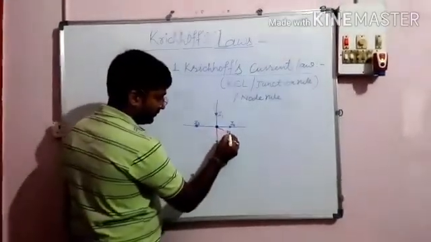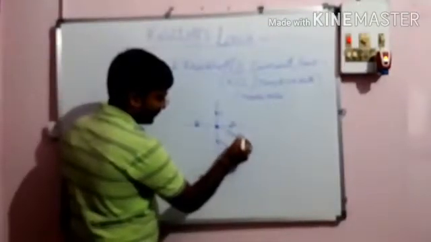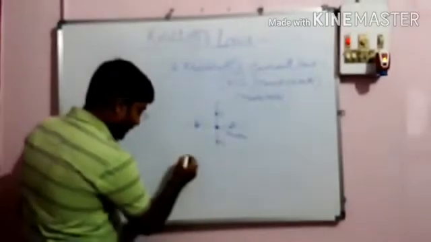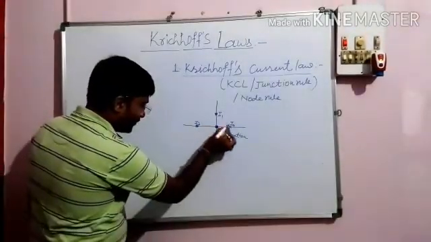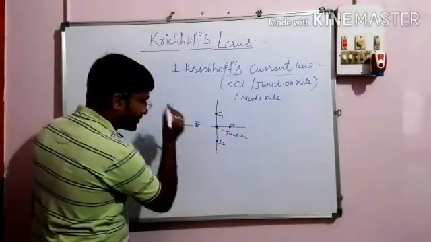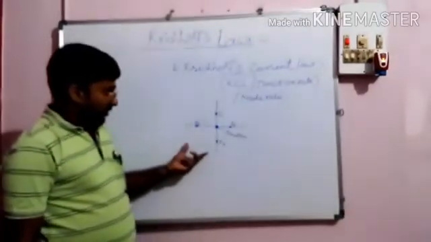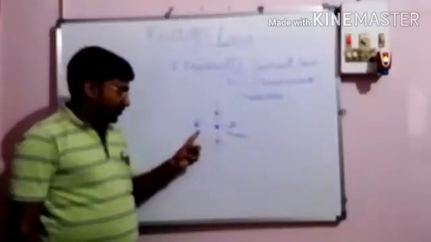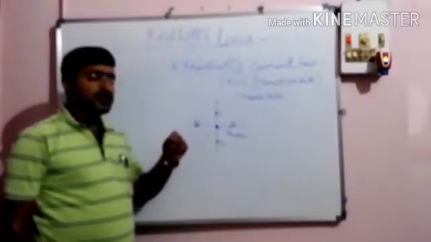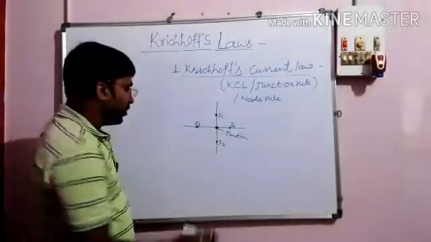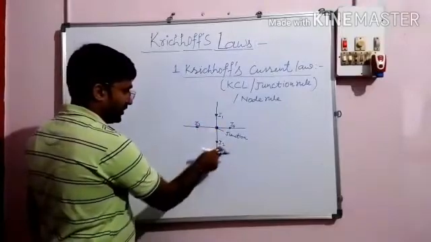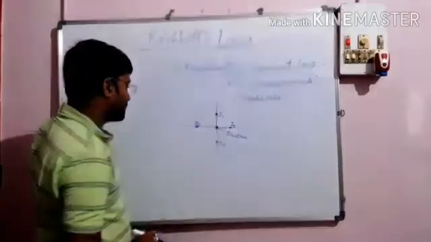Now this is the junction. According to Kirchoff's current law, I1 plus I4 plus I2 plus I3 is equal to 0. The sum of all the currents at the junction is 0.